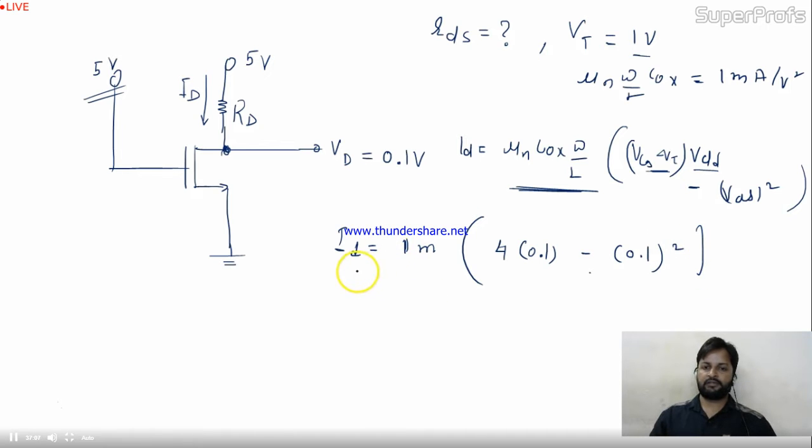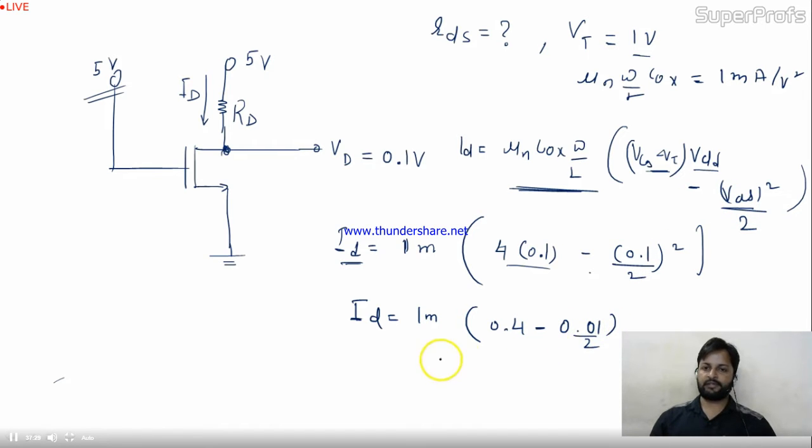Is it okay? Here only ID is unknown. So ID is 1 milli times 0.4 minus 0.01. In the original formula I forgot to divide by 2 also. This is also given over there like this. So it becomes 0.05 and ID will become 0.395 milliampere. You get the current.